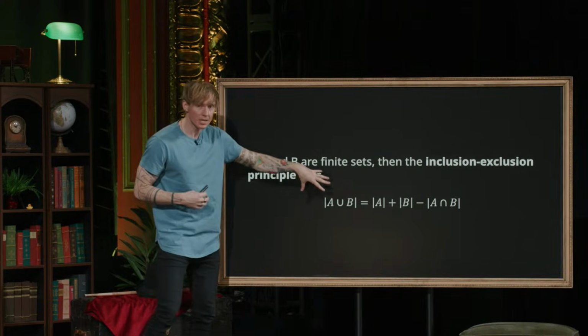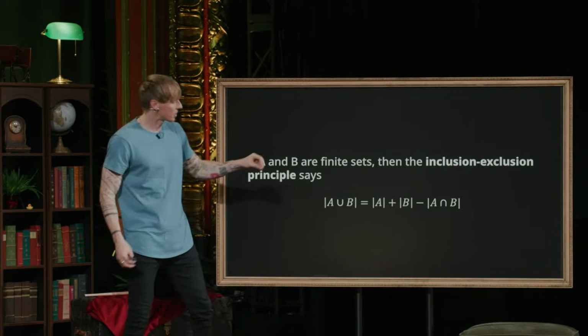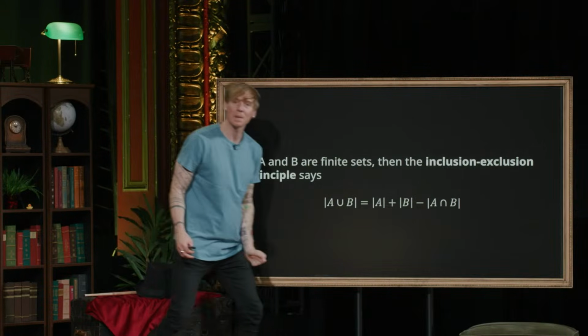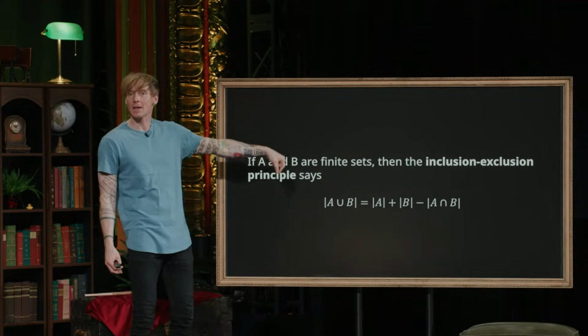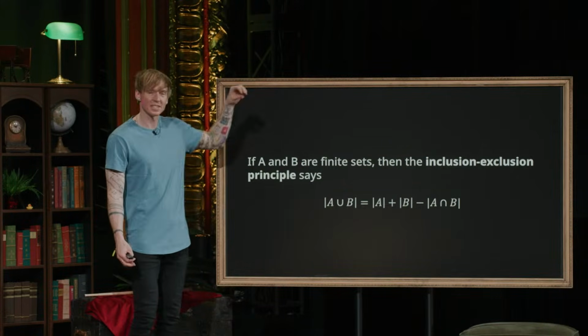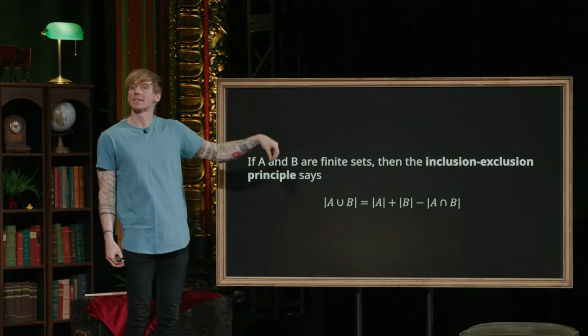If we wanted to look at the size of those 2, then we count all of the elements in A, and then we count all of the elements in B, and then we take away the elements that are in both A and B. So we take away the size of the intersection.